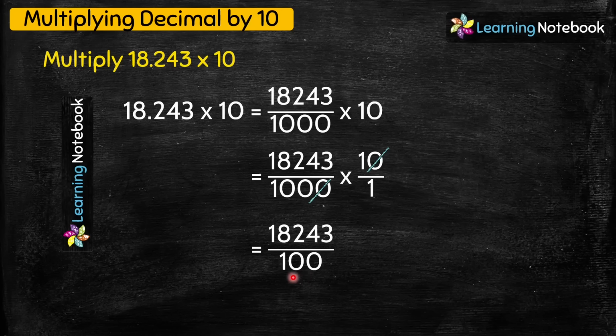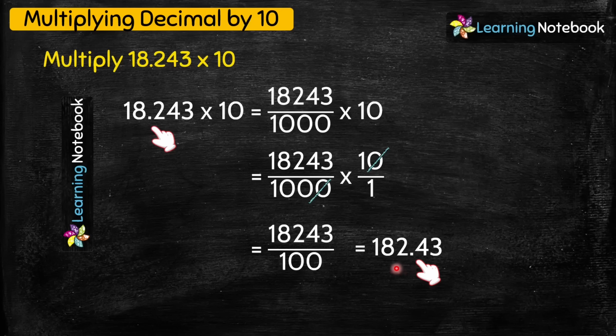Now we will convert this fraction into decimal number. There are 2 zeros in this. So let's place decimal point after 2 decimal places. So our answer is 182.43.